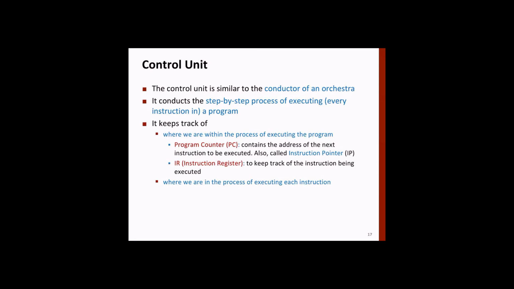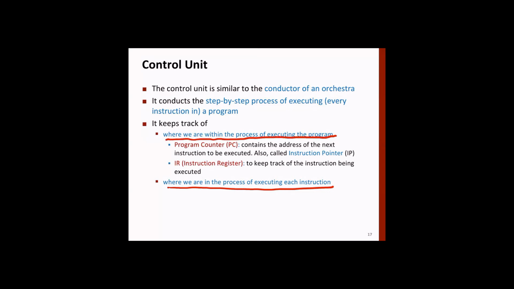All these things are done using the control unit. So within an instruction there are multiple steps required, and it keeps track of these steps, and also keeps track of which instruction is to be executed.